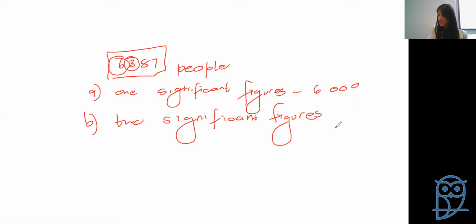So in this case, you only write the two most important figures, and the rest as zeros. So for one significant figure, it's 6,000, and for two significant figures, our answer is 6,300. Okay, do you understand?